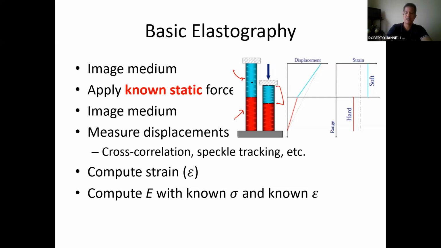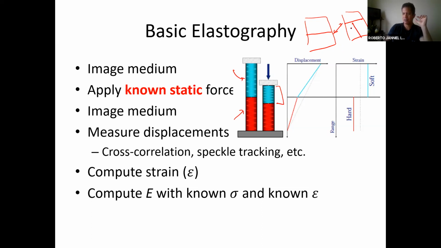So if you were to create an image, maybe you have your ultrasonic image and you get to see the interface here. Then in the second image, because you're compressing, your interface moved all the way to here. So you apply a certain amount of force, and the location of this interface shifted by this much, and the other one shifted only by a tiny bit.